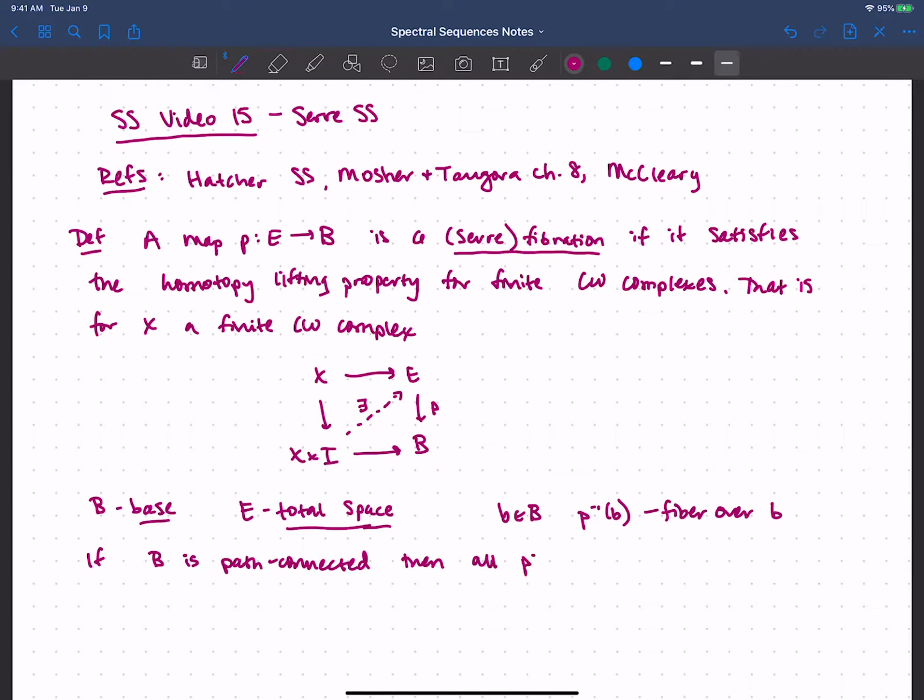Then anytime I look at the fiber over some point, it's going to be homotopy equivalent to the fiber over some other point, so I'll call all of those F. And then I just call it the fiber. So anytime I write that the fiber is F, I mean we're in this nice situation.